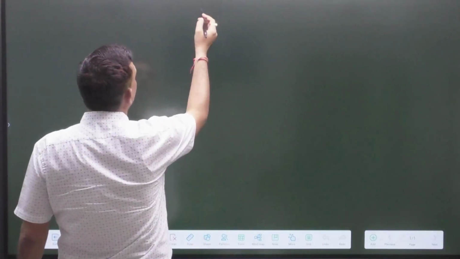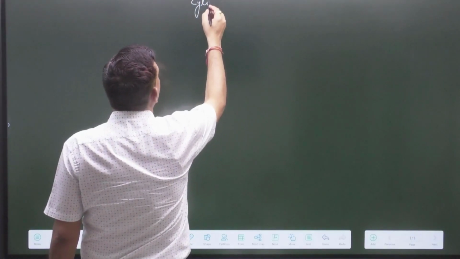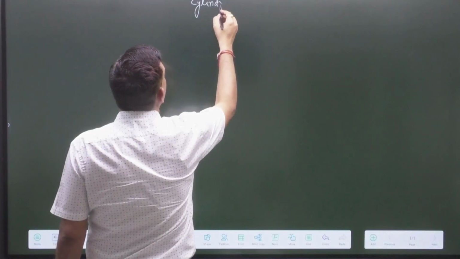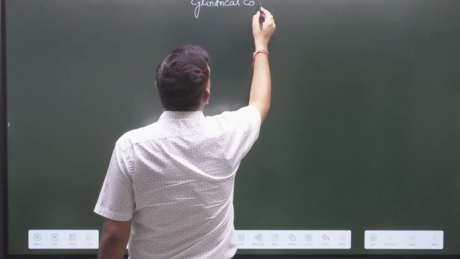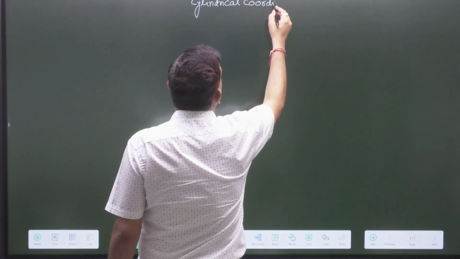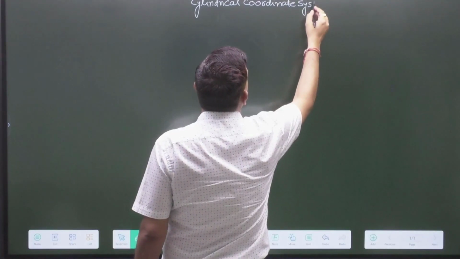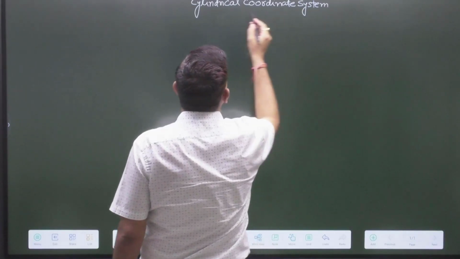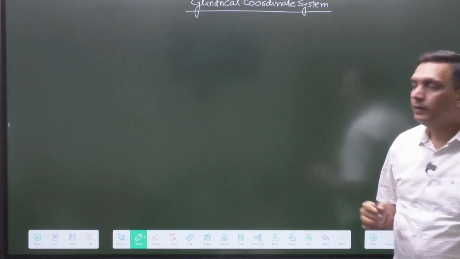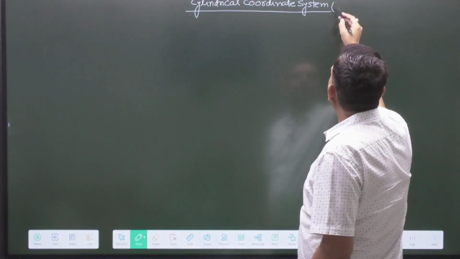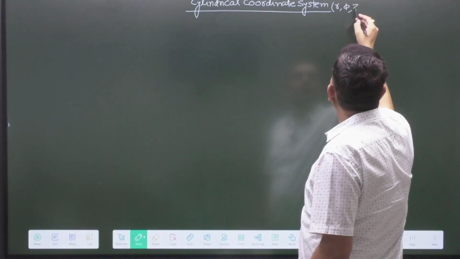So now we will talk about the cylindrical coordinate system. We will represent its coordinates by r, phi, z.